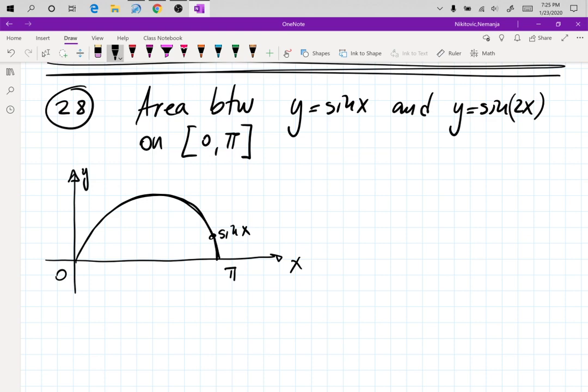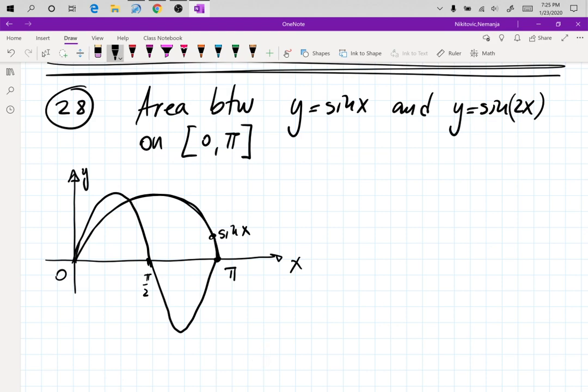That includes that number 2 in front of x there. So there's going to be a half over here, pi over 2, and the sine 2x is going to make a full oscillation and end at pi. So it's going to go up and down and up again and end up at pi.